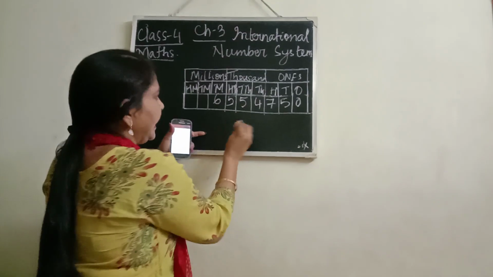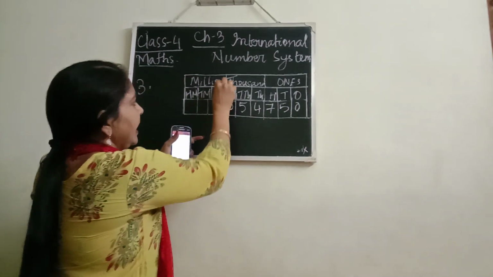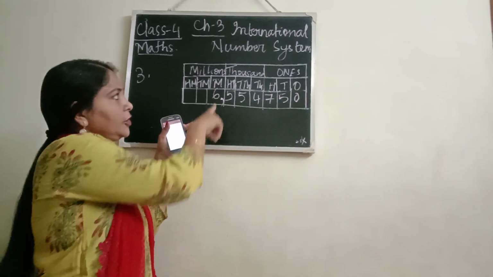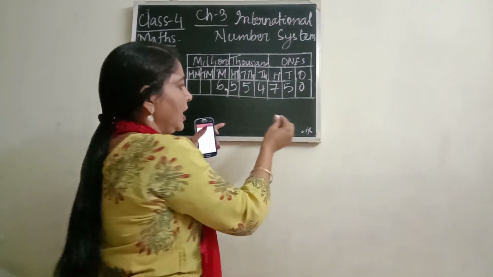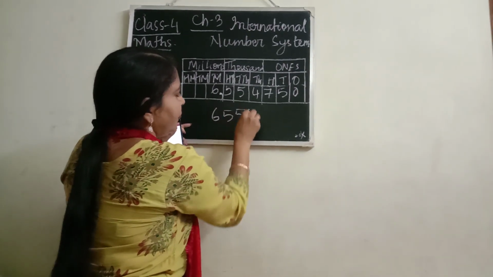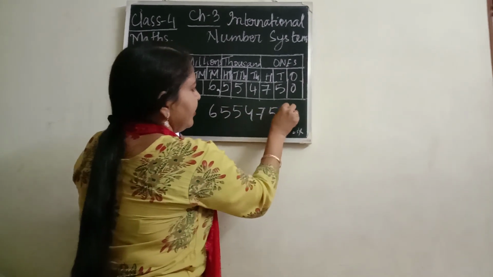Now how will you write? By putting the comma. You can write in this way also, or else how will you write? Let's write this number: 6,554,750.